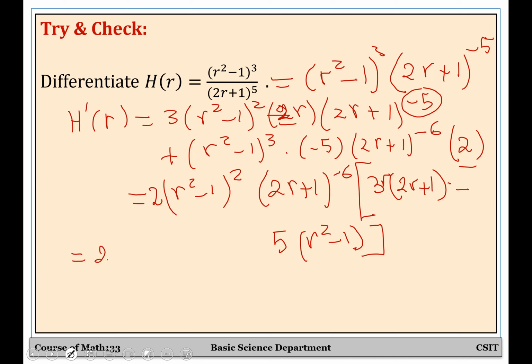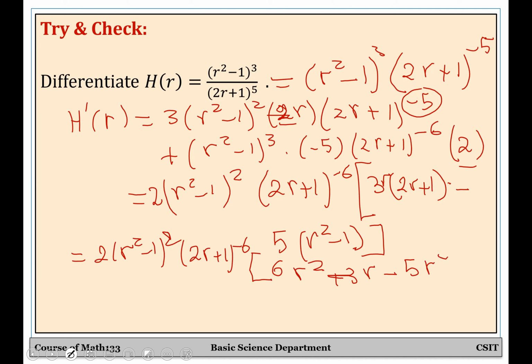So it's equal to 2(r squared minus 1) squared times (2r plus 1) power minus 6, and between brackets 6r squared plus 3r minus 5r squared plus 5, since there is minus here in front of the expansion.